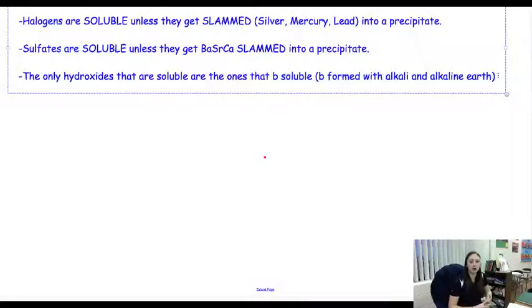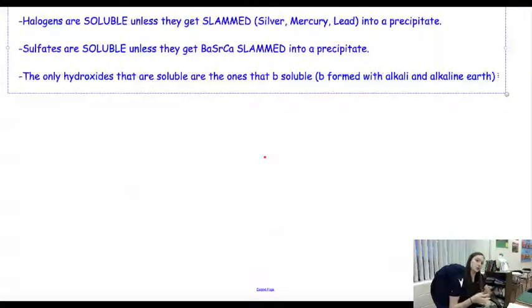Halogens are soluble unless they get slammed into a precipitate, which is silver, mercury, and lead. Slam, SLM. Sulfates are always soluble unless they get Basker slammed, which is barium, strontium, and calcium. And the only hydroxides that are soluble are the ones that be soluble. And those are that B that we looked at with the strong bases formed with your alkali and alkaline earth metals.